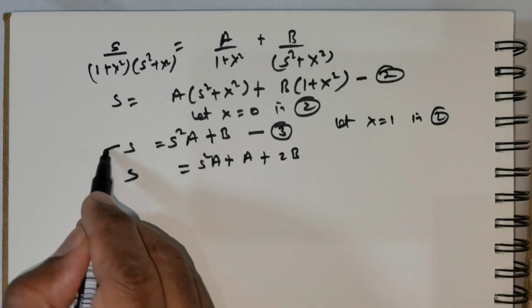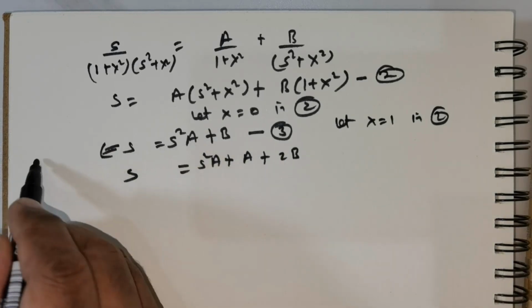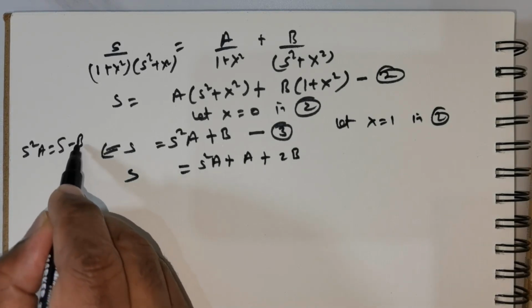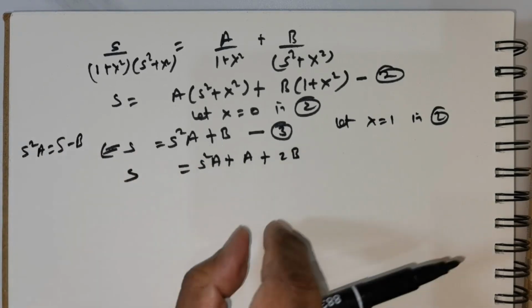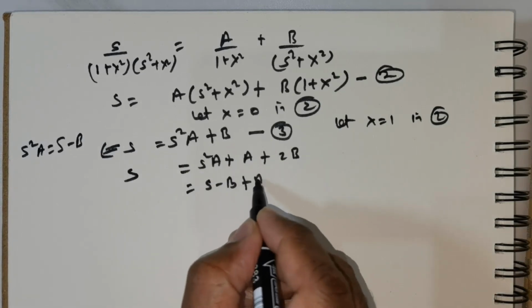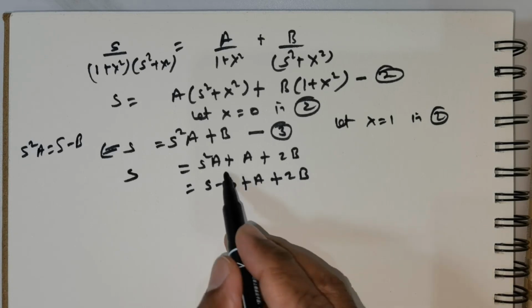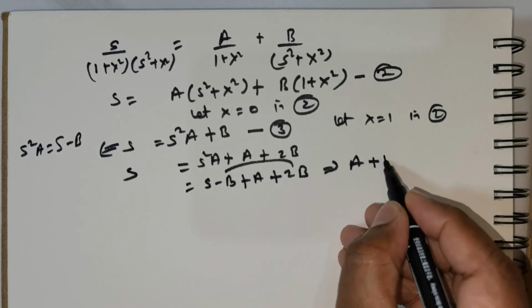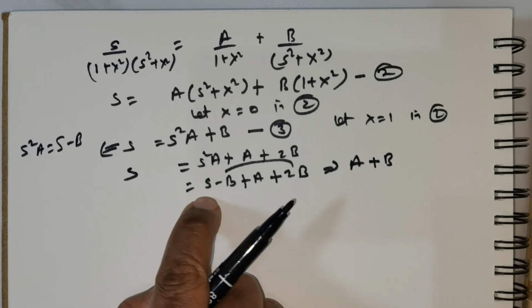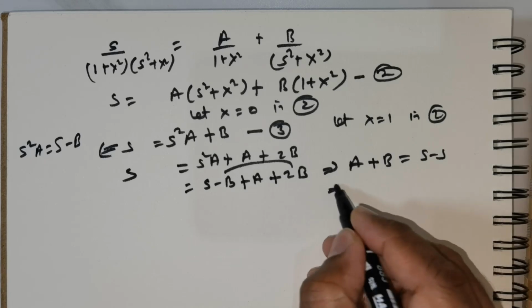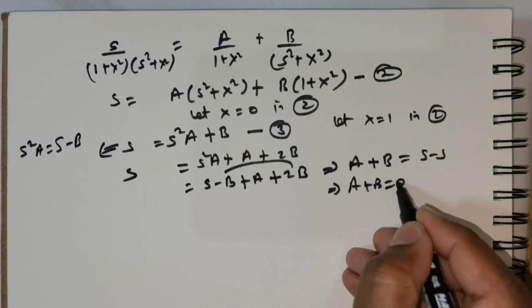So s² times A is equal to s − B, I can take this and substitute it here. So this is going to be s − B + A + 2B. I can add these two together. This would give me A + B, and over here I got s. So if you push that s, you get s − s. So this means A + B is equal to 0.